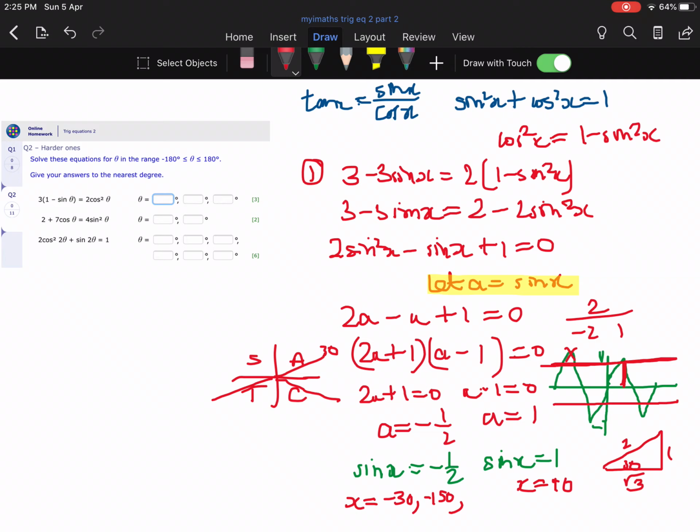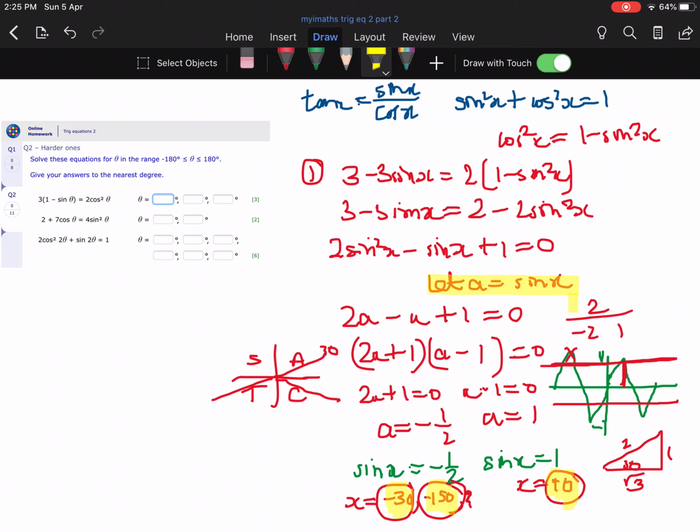And negative 30, sorry. That's it, yeah. No other ones are going to be in the range because 210 and 330 are outside of the range. So I've got 90, negative 30 and negative 150 as my three answers for question 1.